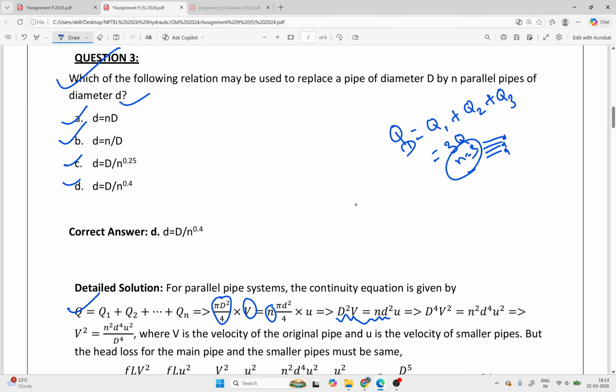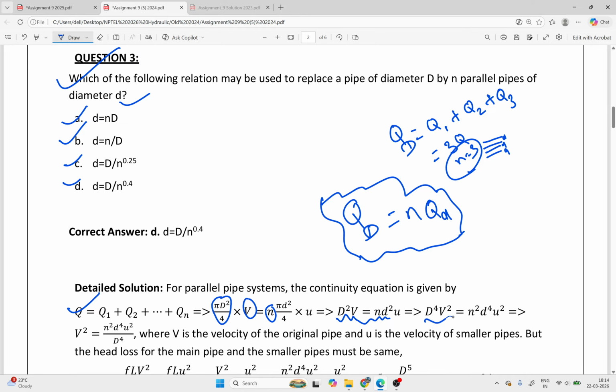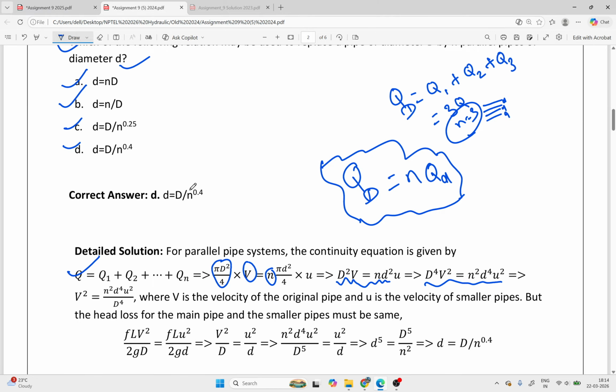Means you are balancing the discharge, the continuity equation, capital D discharge equals small d discharge. Now squaring both sides, V square is equal to N square d to the power 4 u square over D to the power 4.